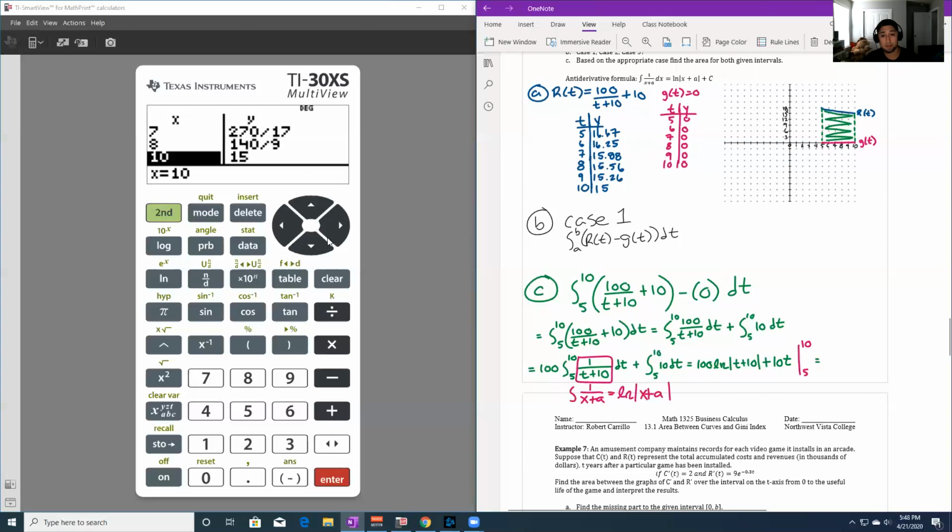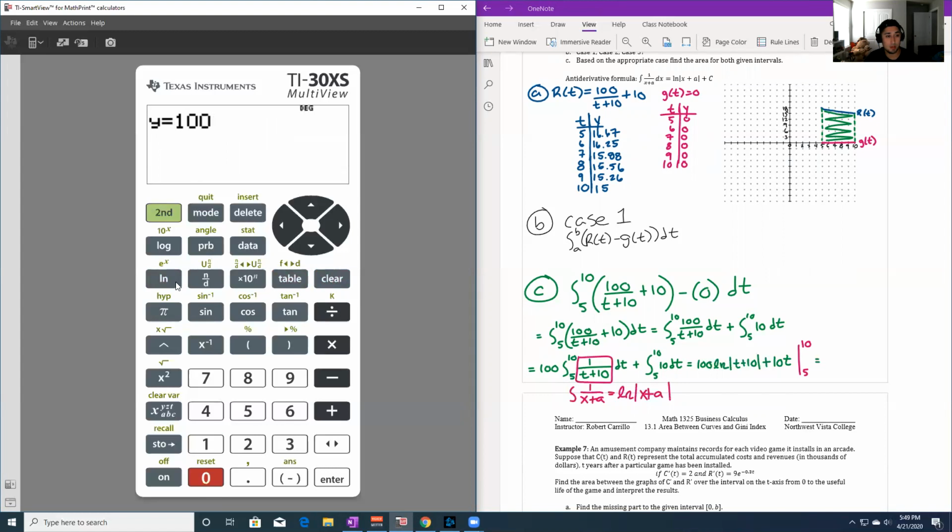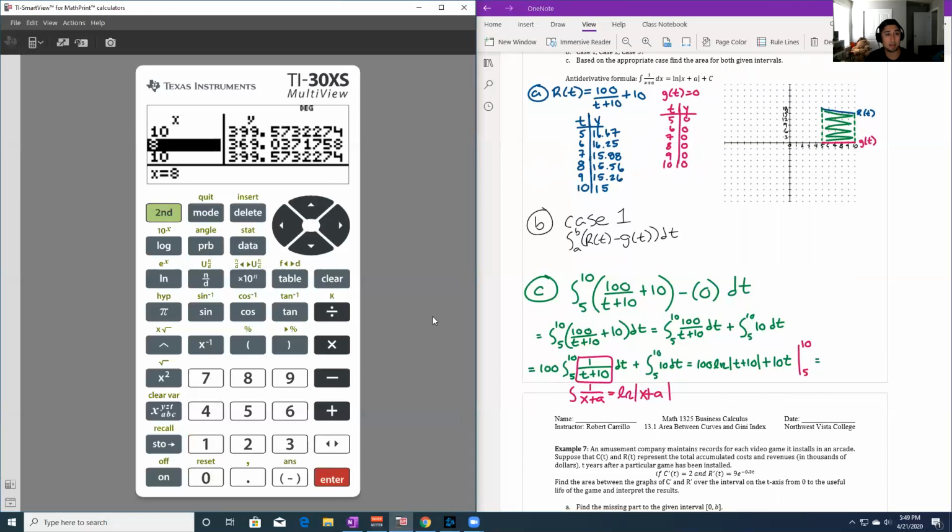Now let's see what we get. So let me type this in the calculator. Table, natural log, 100 times the natural log of x plus 10, plus 10x. Enter, enter, enter, enter. If I type in 10, I get 399.57.